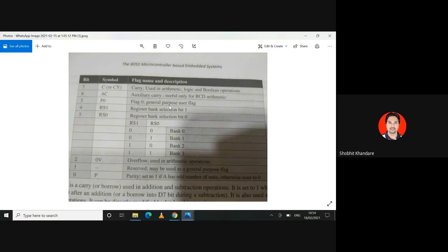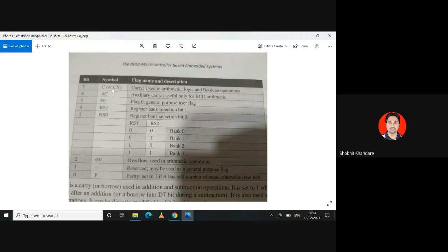What does it mean? It means that if I am a user and I want to use this flag, I can use it, because it is for general purpose. So this is F0, that is flag 0. Nothing more explanation is required for this F0.